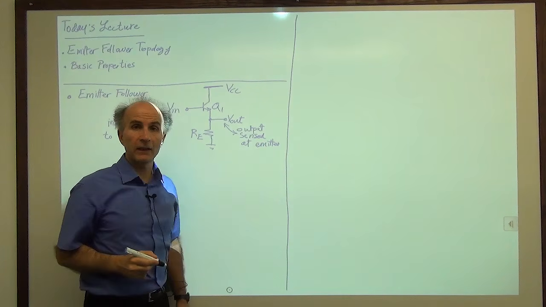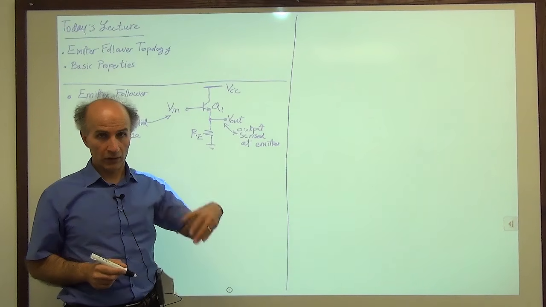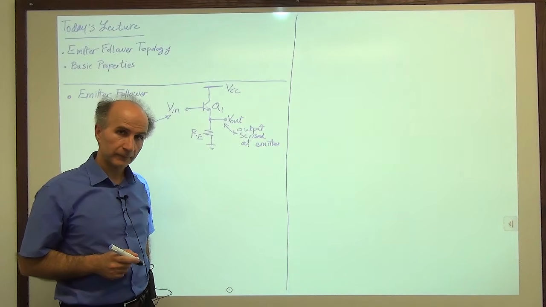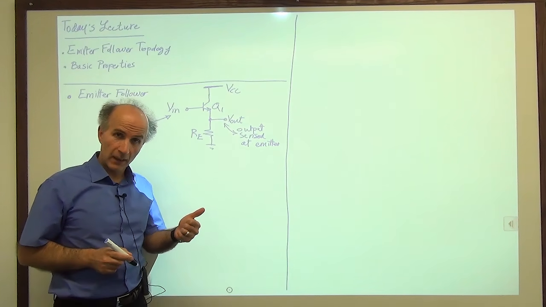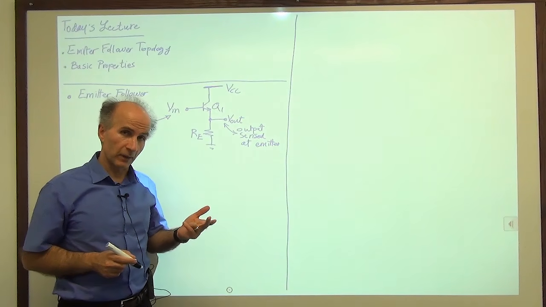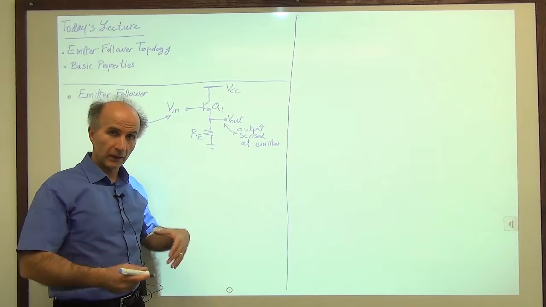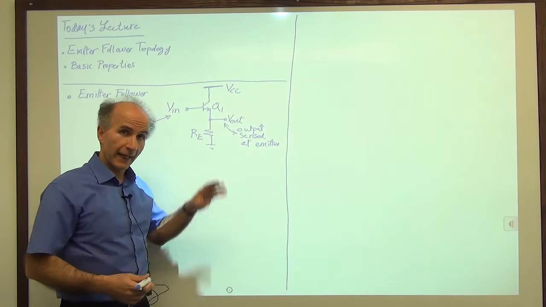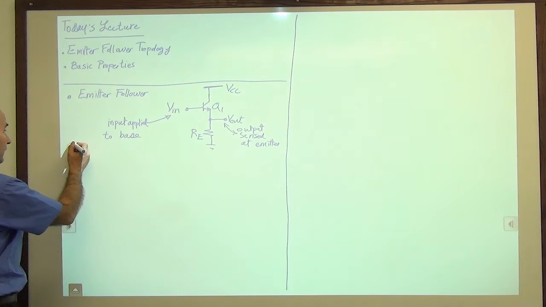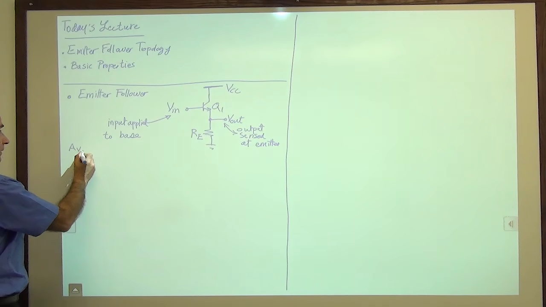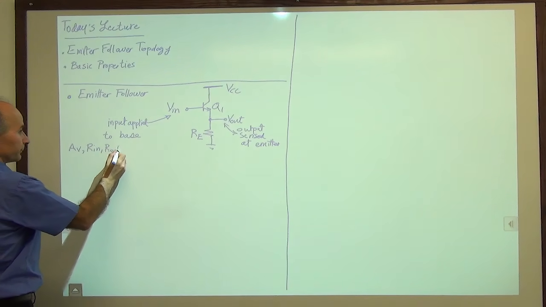And that's how we can distinguish an emitter follower from a common base stage or a common emitter stage. As usual, we would like to find the voltage gain of the circuit, and then the input impedance and the output impedance. These are all things that eventually become important when we start building more complex circuits out of these building blocks. All right, so we are interested in Av, Rin, and Rout.